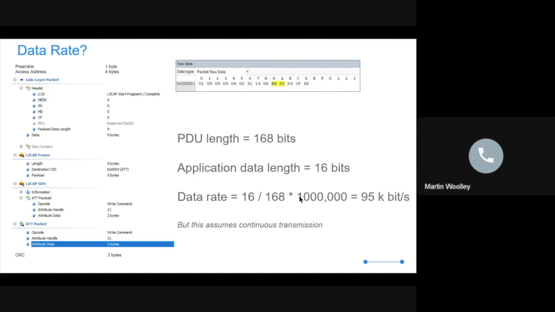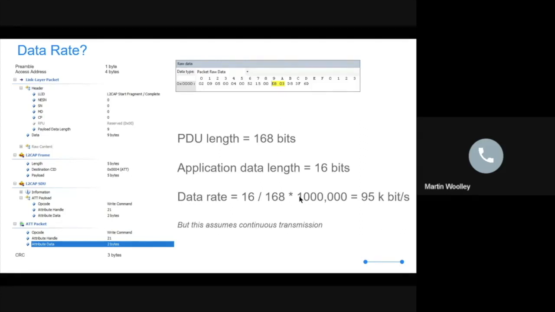Now, those of you who are thinking ahead will probably realize that if I was transmitting more application data in my packet, and if those headers are fixed, which they more or less are, then I'll have a greater proportion of the bandwidth being used by my application, and the application layer data rate will increase.